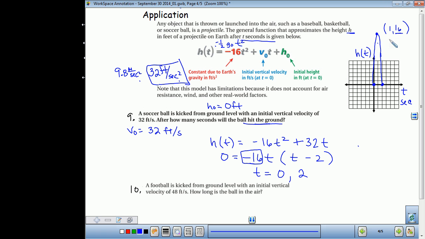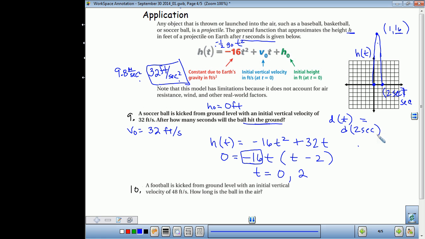Yes, Sid? If you wanted to use distance, wouldn't you have to have a z coordinate? If we were using distance, we will have a separate function that we can plug into. It will be distance with respect to time, which will be a second function. Once we find our time, we could plug in how much distance we travel in 2 seconds, and that would give us the total distance that the ball traveled. Wouldn't you just have double? With the height?